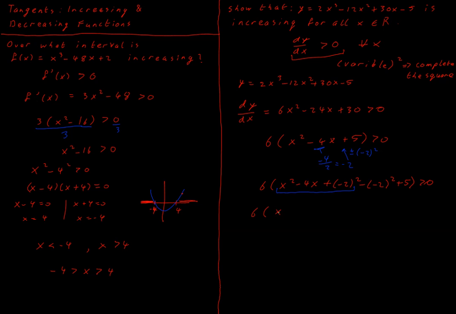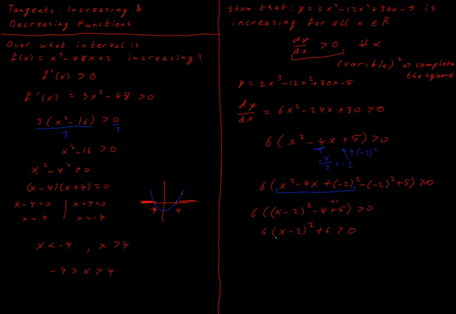6 on, this is my perfect square, x minus 2 to be squared, minus 4 plus 5, greater than 0. This just ends up adding up to plus 1, so multiplying in the bracket, we end up with 6 on x minus 2 to be squared, plus 6 is greater than 0.